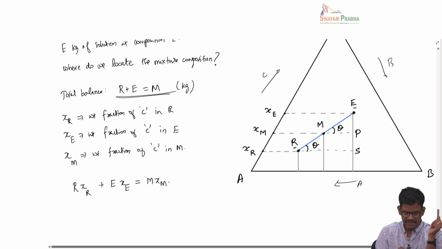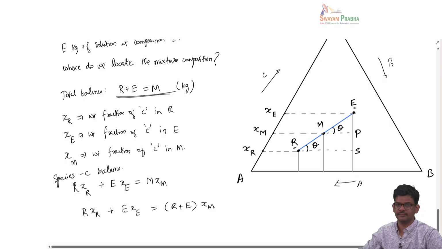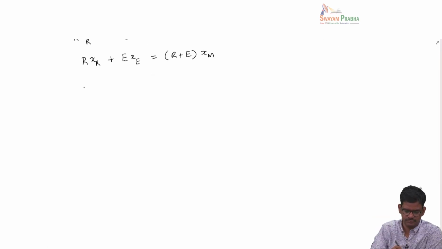Okay, so this is basically the species C balance. So we know that this M here is not an independent quantity, but this is basically R plus E. So basically we are eliminating M as R plus E.